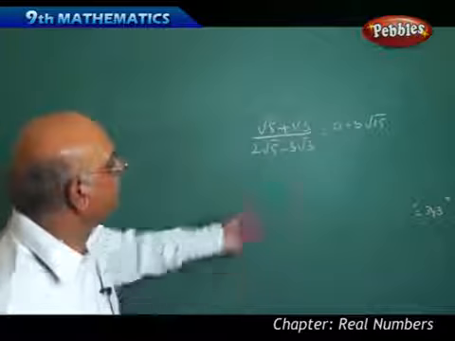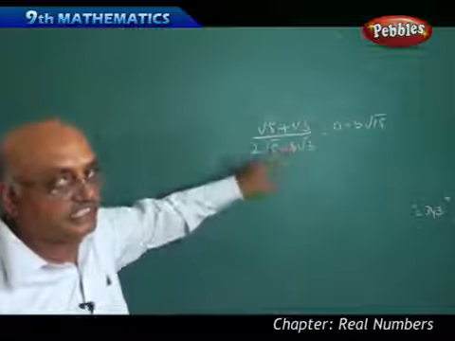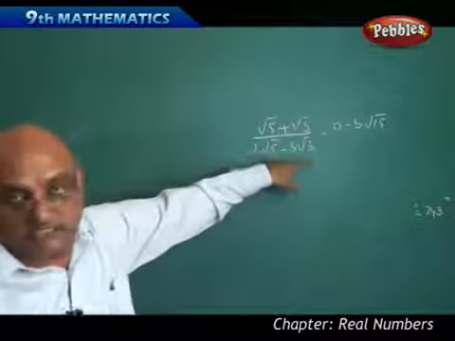Now, rationalize the denominator. To rationalize the denominator, I have to multiply both numerator and denominator with 2 root 5 plus 3 root 3.